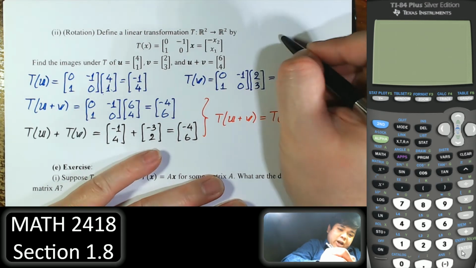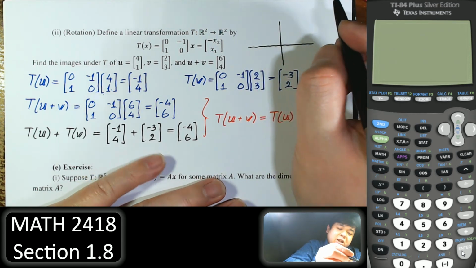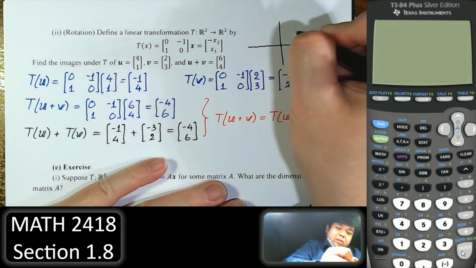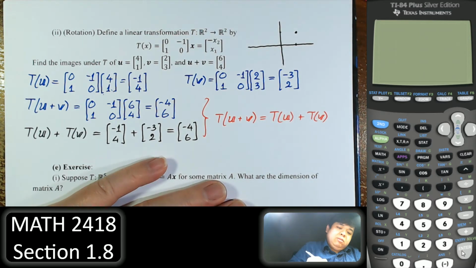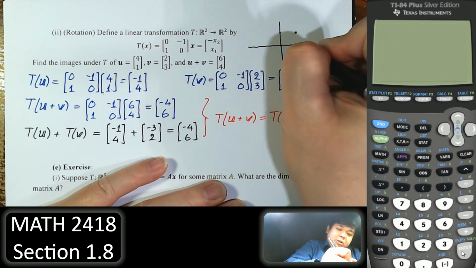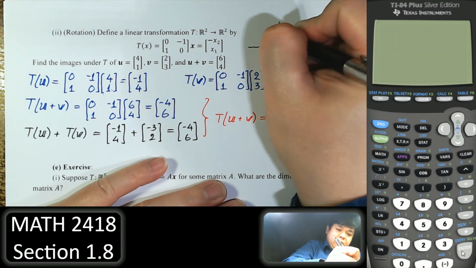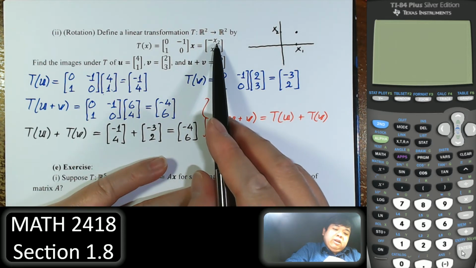Let's draw it out and see what transformation this is. Let's say we have the point here, x1, x2, and after the transformation it will go to -x2.